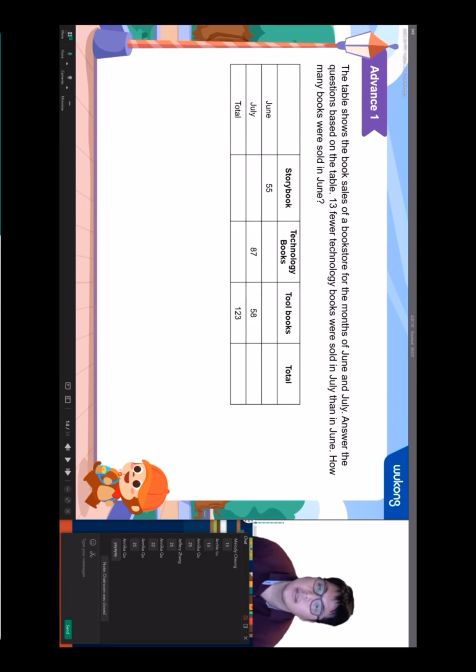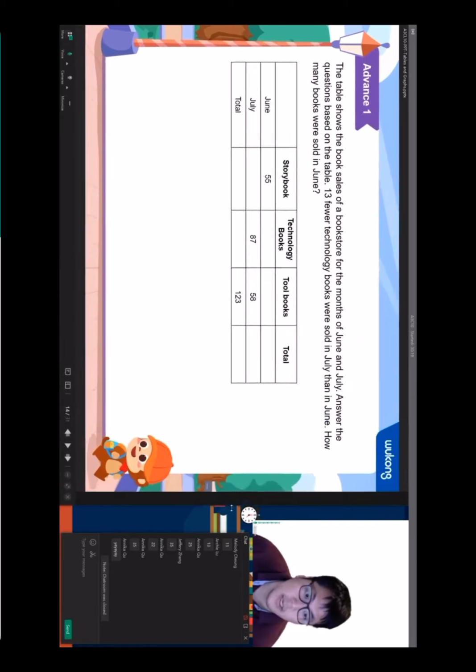And now, let's have a look at this advanced question. So now I want you guys to read this question carefully and also draw this table on your piece of paper and tell me the answer, and also fill out all the numbers as well, guys, okay? So guys, everybody, you can start now.